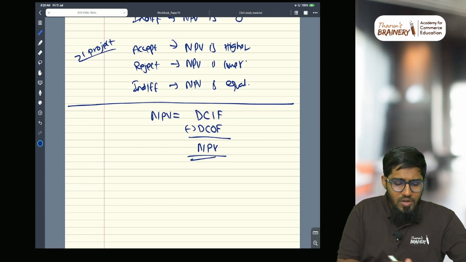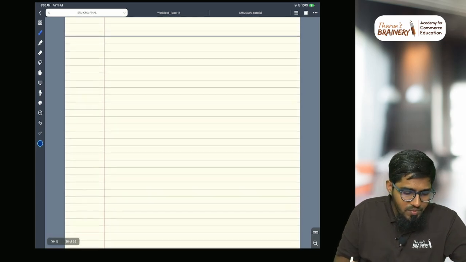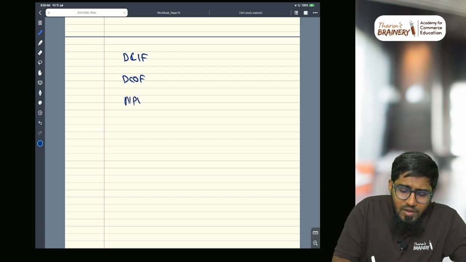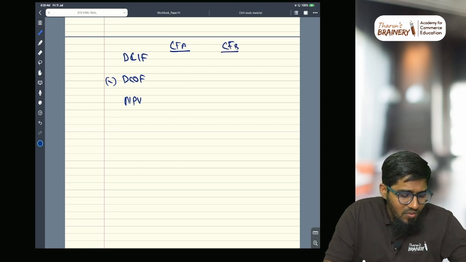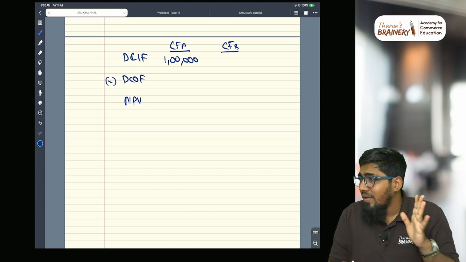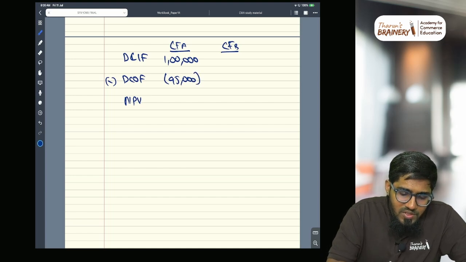Now let me give you a small example with discounted cash inflow, discounted cash outflow and NPV. I am having cash flow A and cash flow B. For project A, the discounted cash inflow is 1 lakh rupees and the discounted cash outflow is 95,000.